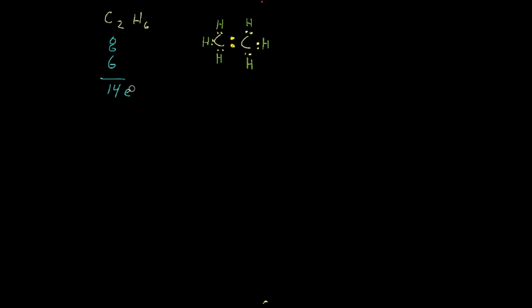If we don't use 14 electrons whenever we draw this out, we're wrong. So let's double check: 2, 4, 6, 8, 10, 12, 14. We've used all of our electrons. This is the Lewis dot structure for C2H6, which is ethane.